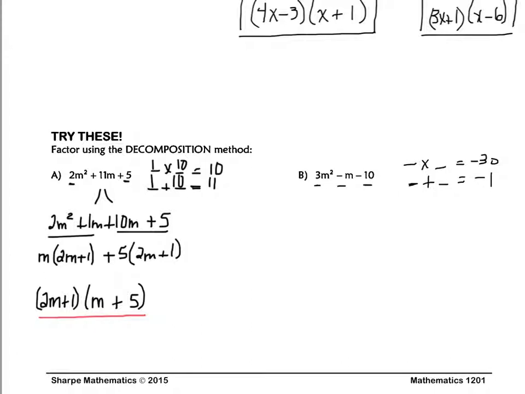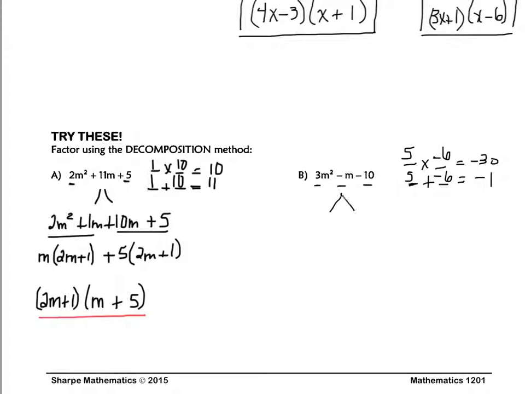So if you think of the factors of 30, again, one of them would have to be a negative and one would be a positive, so that their product is negative. 1 and 30 is not going to work. 2 and 15 will multiply to give you 30, but if one of those is a negative, you won't get a sum of negative 1. 3 and 10 is not going to work. 5 and 6 will work, though, if the 5 is the positive and the 6 is the negative, because they will multiply to give you negative 30 and will add to give you a negative 1.